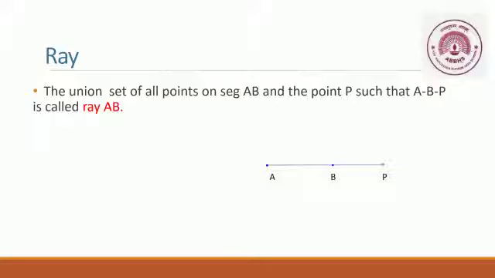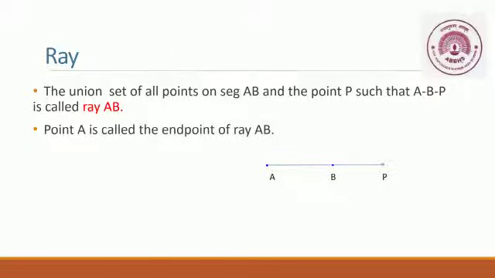That is, in the figure, you can see the points A and B and point P also. These 3 points, A, B and P, are collinear points. Then the union set of all these points is defined as ray AB.